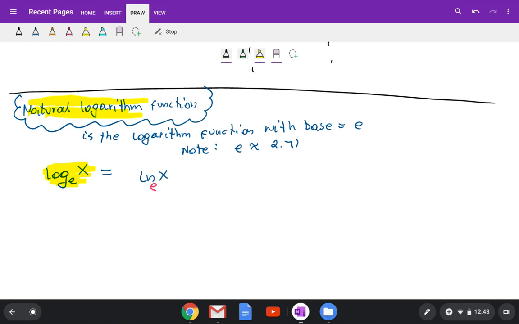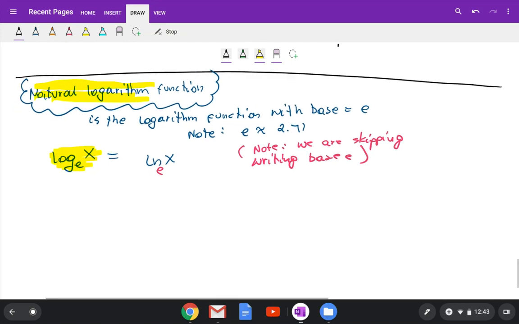We're just skipping writing that base, just for simplicity, but it's over there. You need to remember.